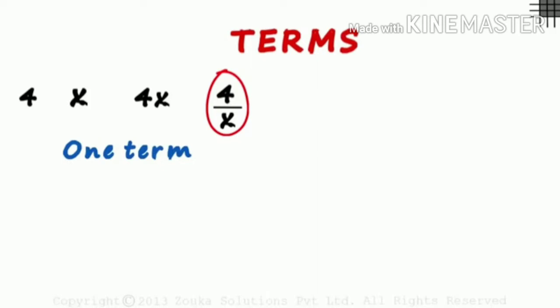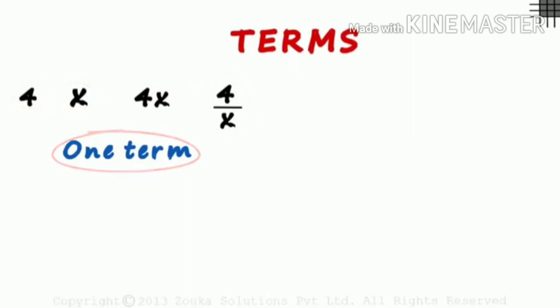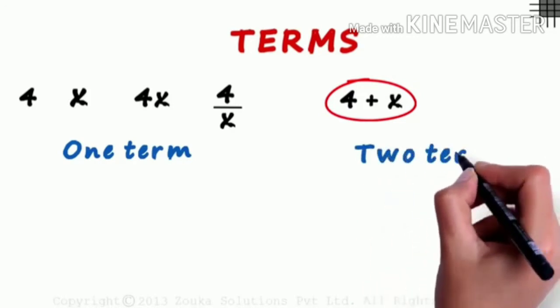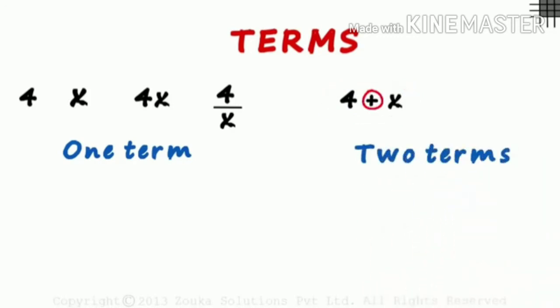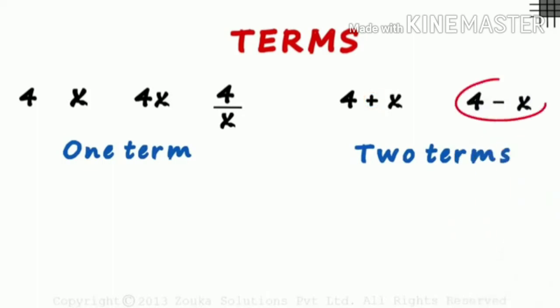It means we have just understood the rule that by multiplying or by dividing the two numbers, it will become one term. But if we use the operation addition or subtraction, it will be two terms. For example, 4 plus x, it's two terms, and if we use 4 minus x, it's also two terms.